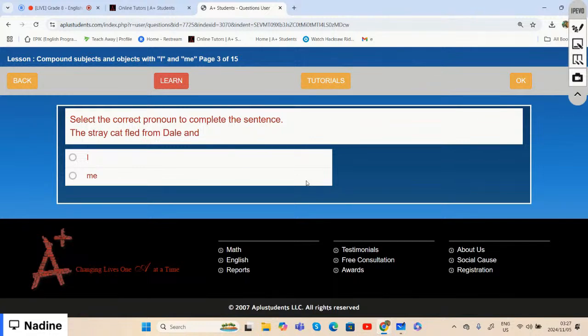So the stray cat fled from Dale and me, or Dale and I. Which one is correct? All right.